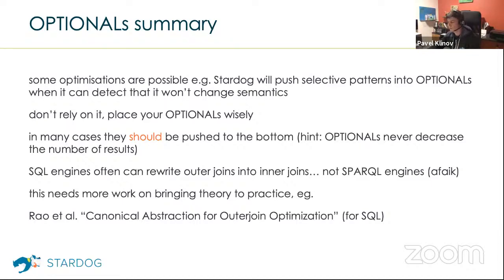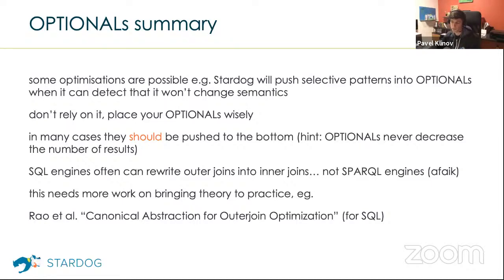SPARQL engines, again, I could be wrong, but as far as I know, none of them does stuff like that unless they operate under some assumptions which are not in the spec.